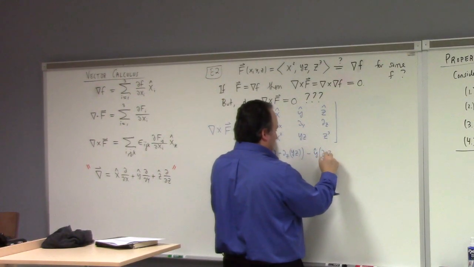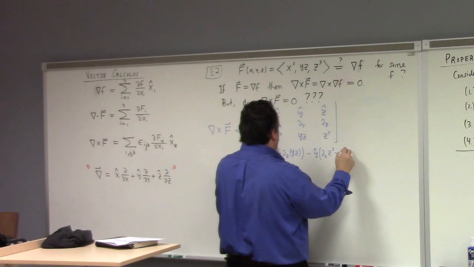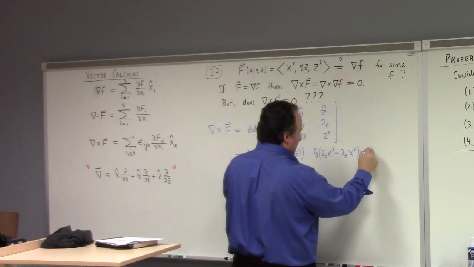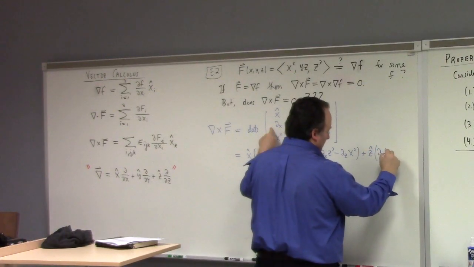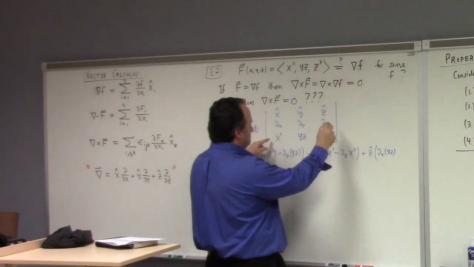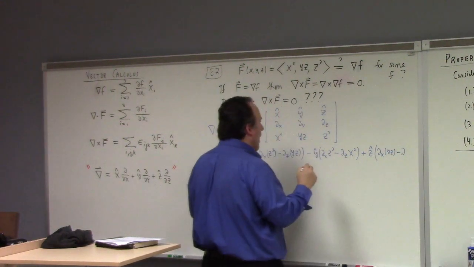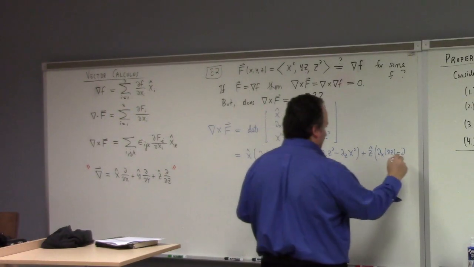So x z cubed minus partial z, oopsie, oh, x squared, yeah. Plus z hat, what we got here? Partial x of yz, minus partial y of x squared, right?